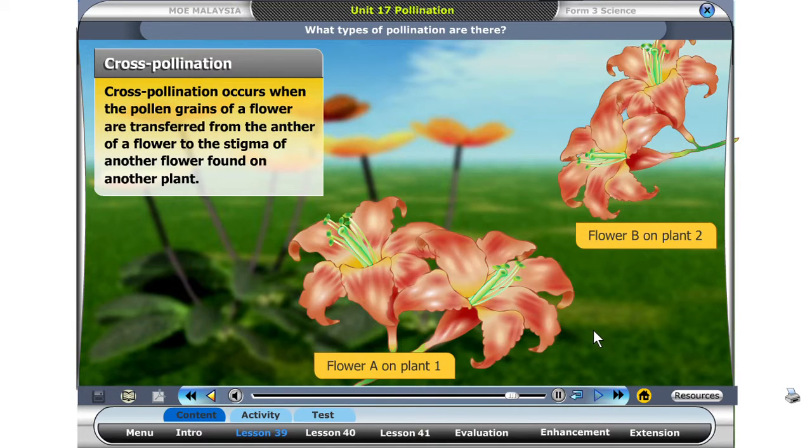Click on flower A. The pollen grains are transferred from the anther of flower A to the stigma of flower B on another plant. Cross-pollination occurs when the pollen grains of a flower are transferred from the anther of a flower to the stigma of another flower found on another plant.